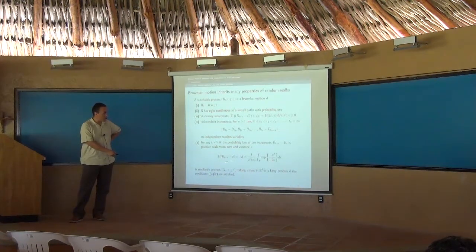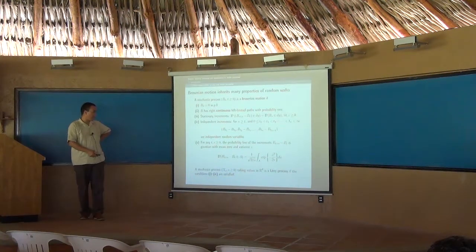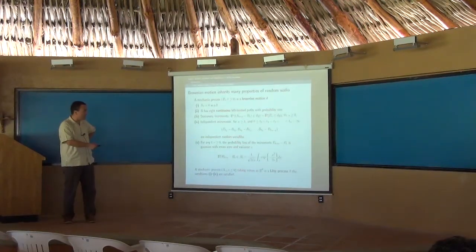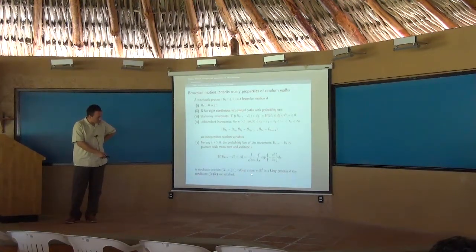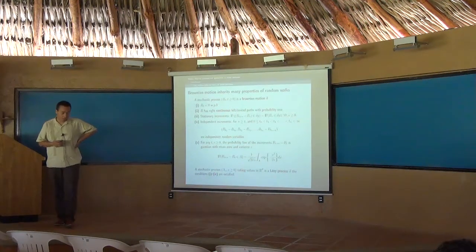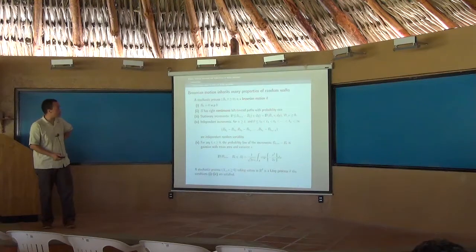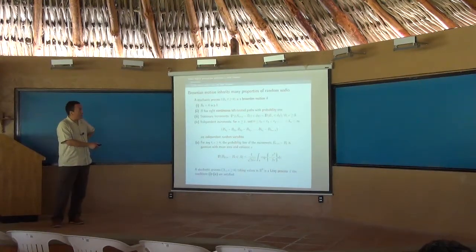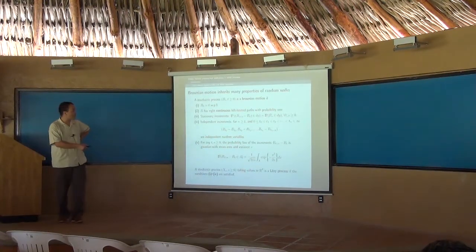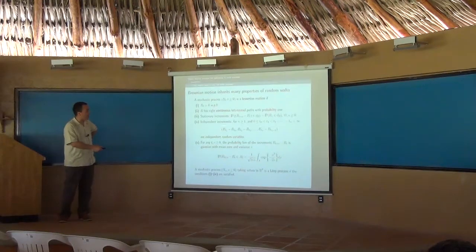So the law of an increment is a normal random variable with variance s, so it doesn't depend on t. And in fact this structure gives place to something more general that is called a Levy process. A Levy process is a stochastic process that has right continuous and left limited paths, and has the property of stationary increments and independent increments.